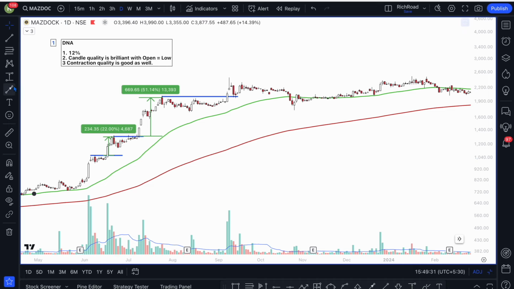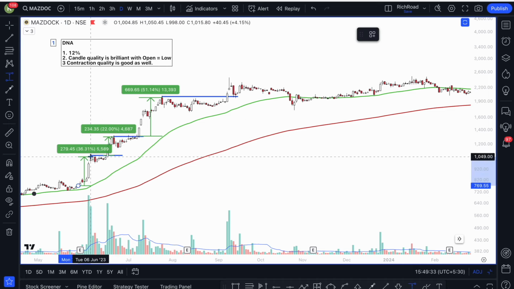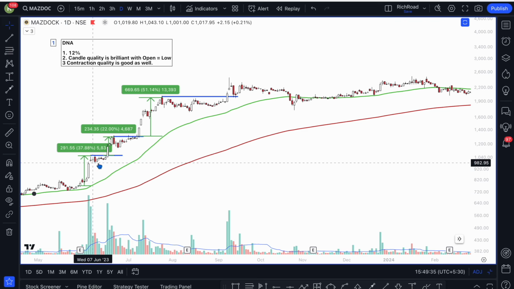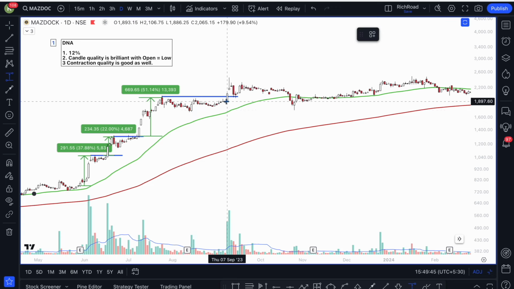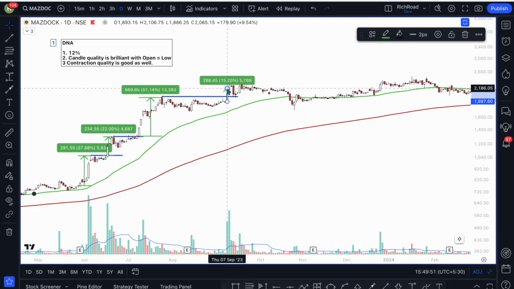Over here, you contracted not a lot, 37% in just a few days. Why is that? We will figure out. Here 51% and a bit longer contraction. But the question is, you went up 28%, but then you just came back 14%. Why is that? How could you have handled it?